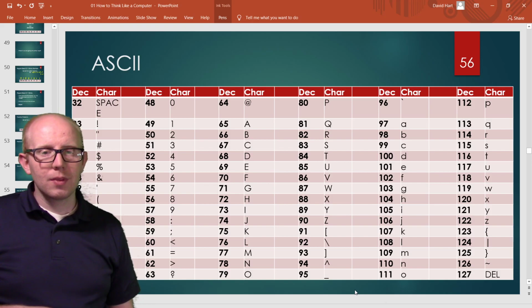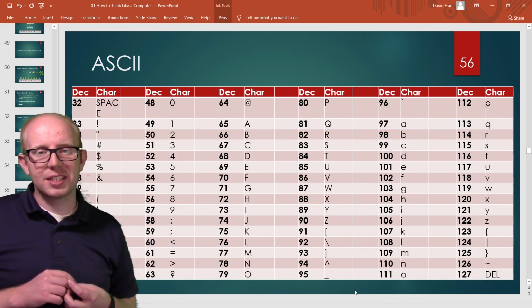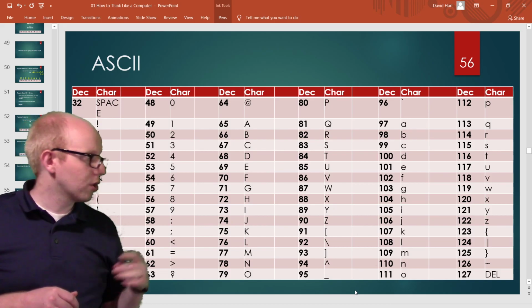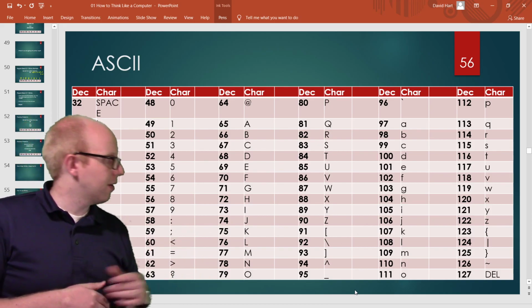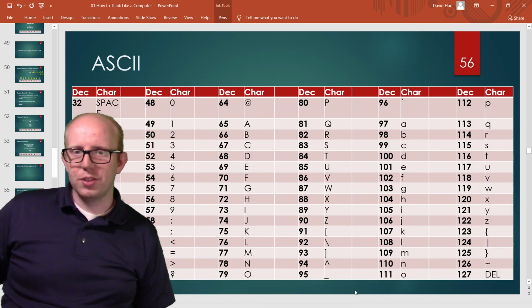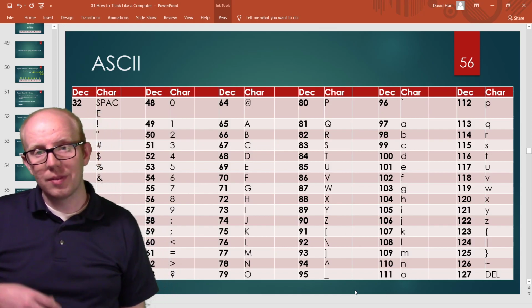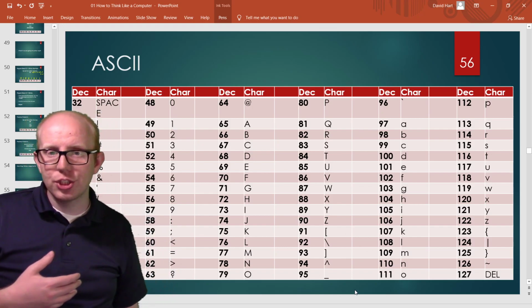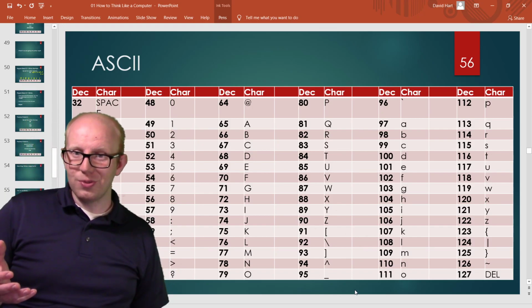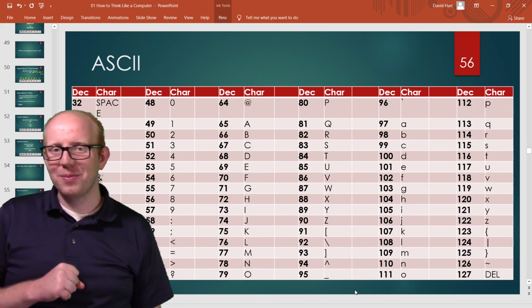There are some new ones now, like UTF-8, and I believe there's even UTF-16, that use more digits to go up to higher numbers instead of just 127 all the way over there. They go up to much higher numbers so that you can include international characters, like the Enye symbol in Spanish, and I think it's called the umlaut in German or other languages. I apologize if I'm messing that up.